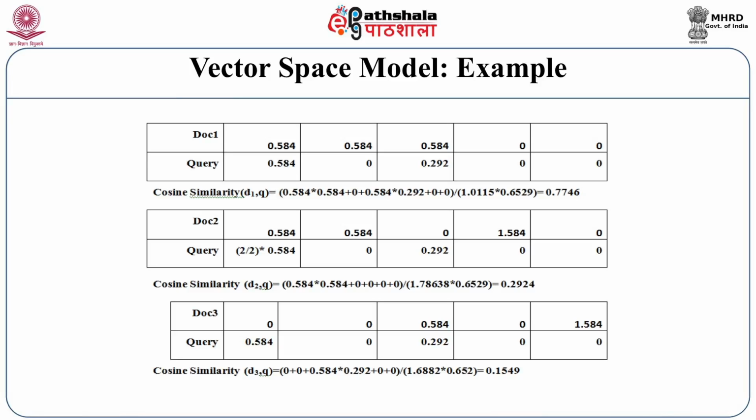So after getting the cosine similarity values, we can grade them according to the value of cos theta or the cosine value. The cosine value is the highest for document D1, next is document D2, and next is document D3. So we can understand that from this scheme we get a partial matching or partial ranking system for the documents in accordance with their relevance to the query.